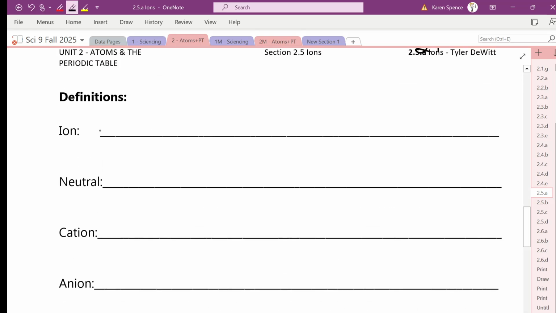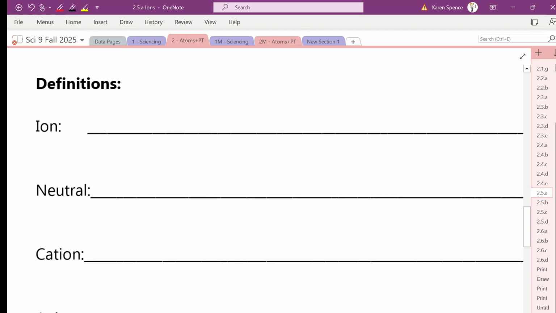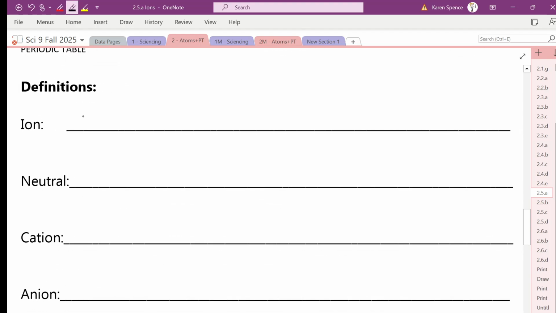Okay, so we have ion. What is an ion? An atom. And in fact, for just now, we're just going to say an atom with a charge. And that could be positive or negative.